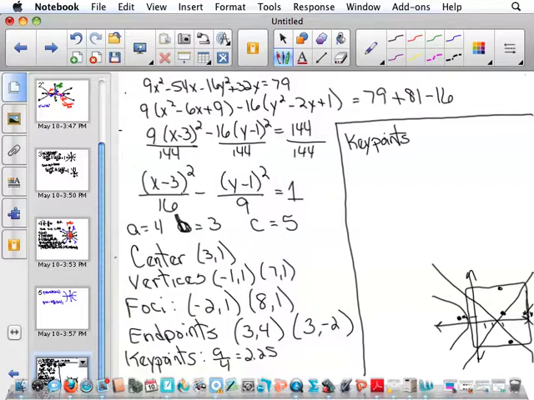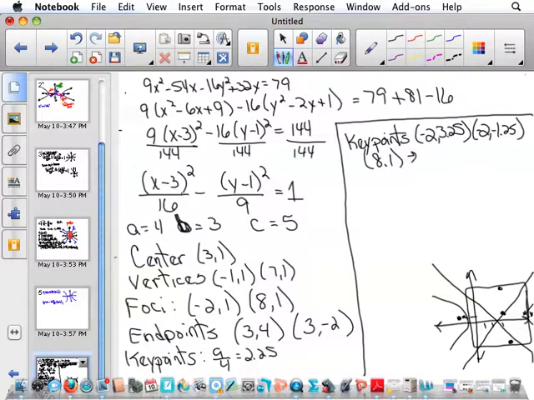So I'll go out to minus 2, and then I'm going to take 1 plus 2.25, or 3.25, and then 1 minus 3.25, which will be minus 1.25. I will then go to the other side, the other focus, which is at 8, 1, okay?